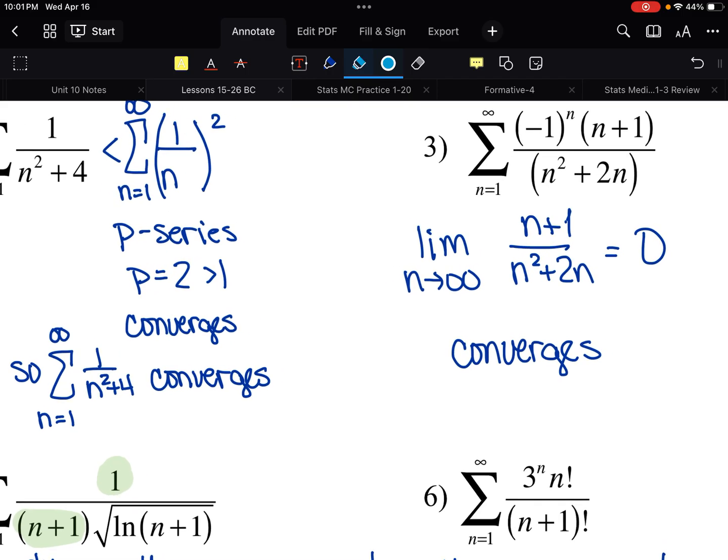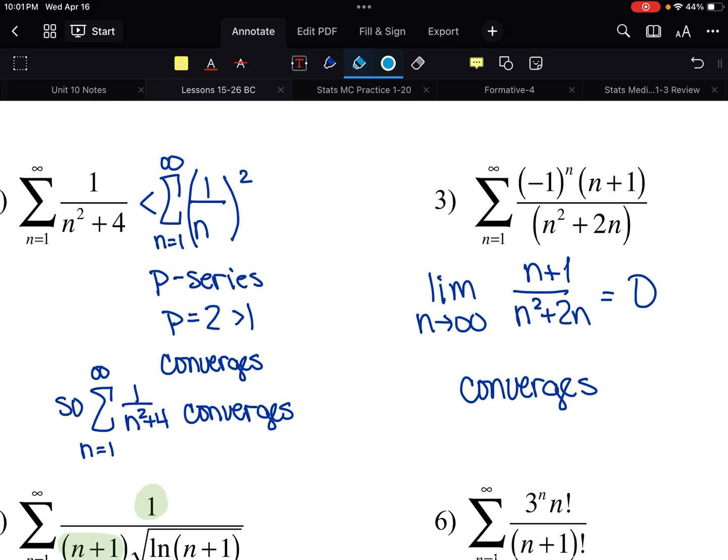This one was, so we've got alternating signs here, but the alternating signs part isn't what really matters. The rest of it is. So are these terms getting smaller and smaller? If I plug in n plus 1 and then work it out, is that smaller than when I just plug in n? So you could do this a couple of different ways.